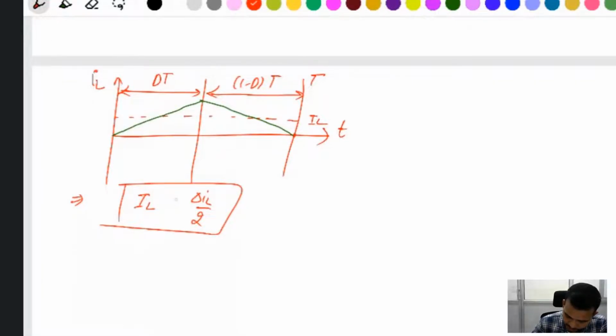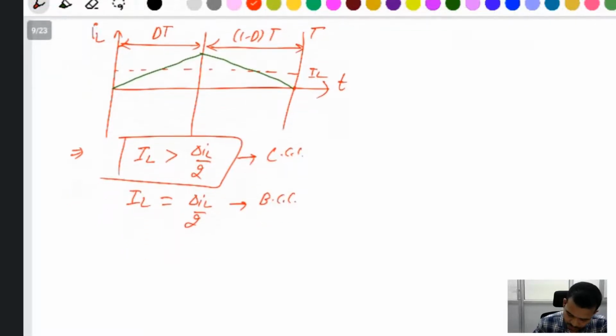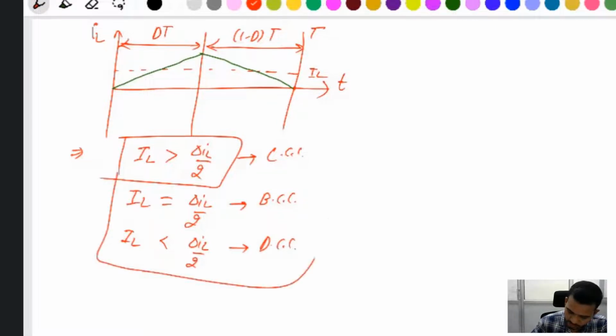If IL is greater than delta IL by 2, this one is continuous conduction mode, and if IL is equal to delta IL by 2, this one is the boundary condition, and if IL is less than delta IL by 2, that means this one is the discontinuous conduction mode.